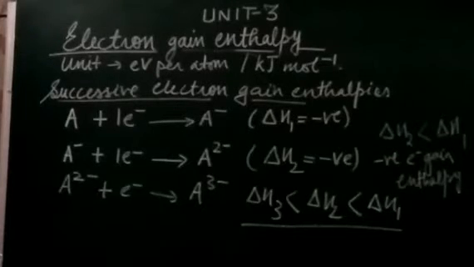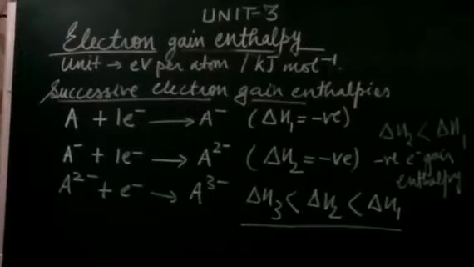So here we can conclude that when the first electron is added to the gaseous atom, it forms a negative ion, and the enthalpy change during the process is known as the first electron gain enthalpy. So delta H1 is the first electron gain enthalpy, delta H2 is the second electron gain enthalpy, and delta H3 is the third electron gain enthalpy.